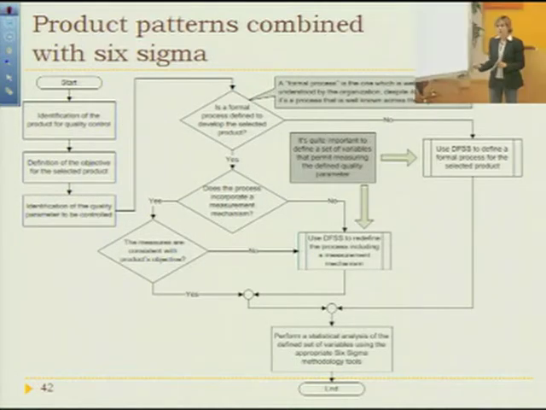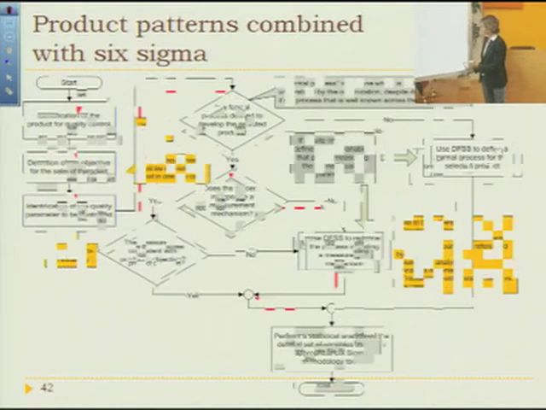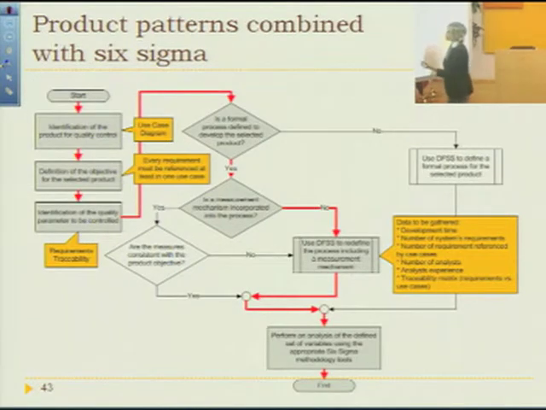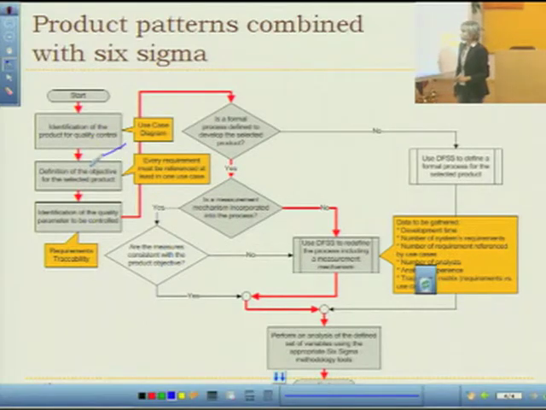So let me explain them using an example. Well, the first thing that you have to do is to identify the product you want to control. Let's suppose that we choose the use case diagram for this example. Next, you have to define the objective for this product.